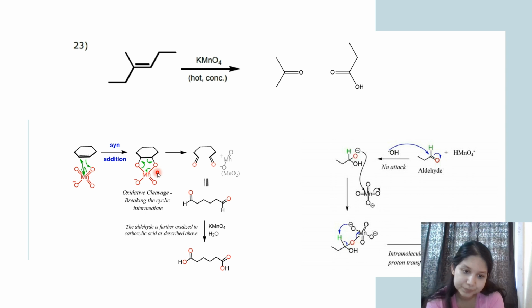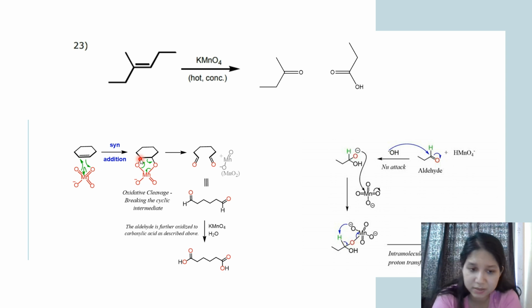Okay, by syn addition you see a similar manganate intermediate, just like we got in case of osmium tetroxide, we get osmate ester. Okay, here also you get this manganate ester, and you get this 5-membered intermediate when the manganate gets involved with the alkene.